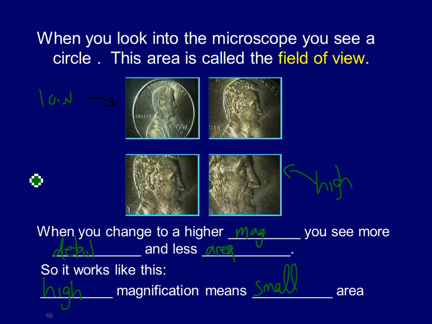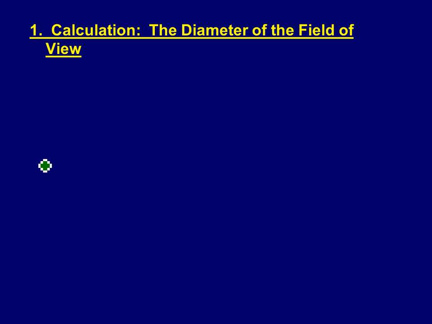And in math, when one thing goes up and that causes a different thing to go down, we call that an inverse relationship. In other words, it does the opposite. When the magnification goes up, the area goes down. This is going to allow us to calculate the diameter of the field of view.